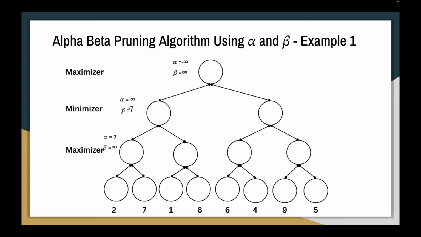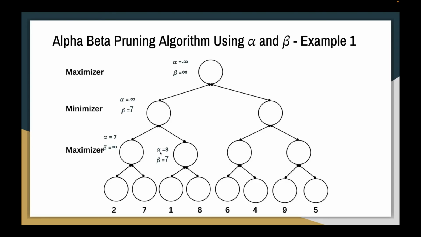Now the minimizer passes these values to the next right-side child, so the same values will be passed. When it sees 1, alpha is minus infinity, and compared with 1, 1 is the highest, so alpha will be changed to 1. Now comparing 1 with 8, 8 is the highest, so alpha will be changed to 8.